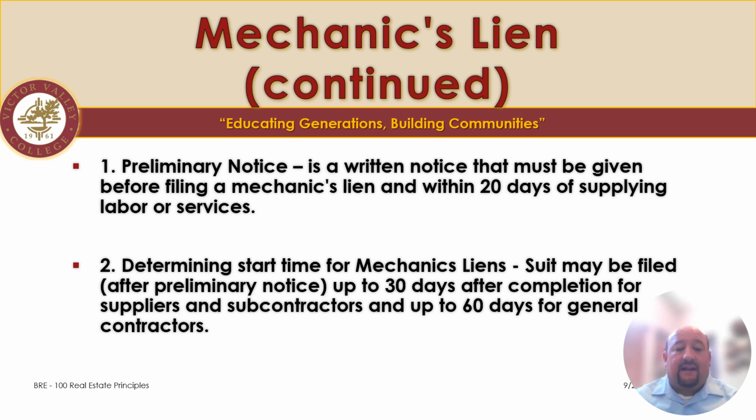So a suit may be filed up to 30 days after completion for suppliers and subcontractors, and up to 60 days for general contractors. So there are timelines that they have to abide by in order for their mechanics lien to be valid.